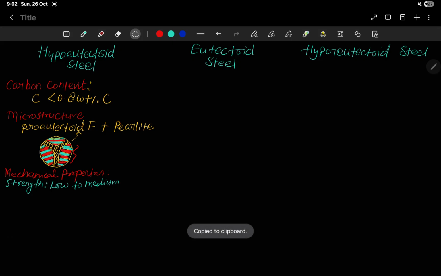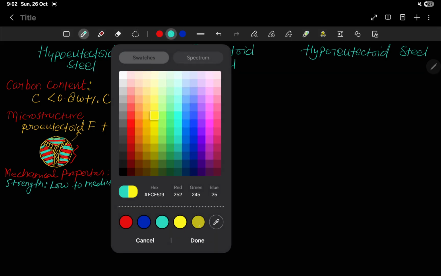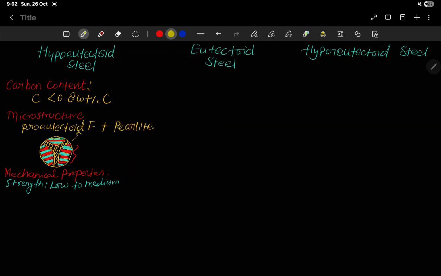What is happening here? As we increase the carbon percentage, the strength will increase. You can see that if the carbon percentage increases, the strength increases.